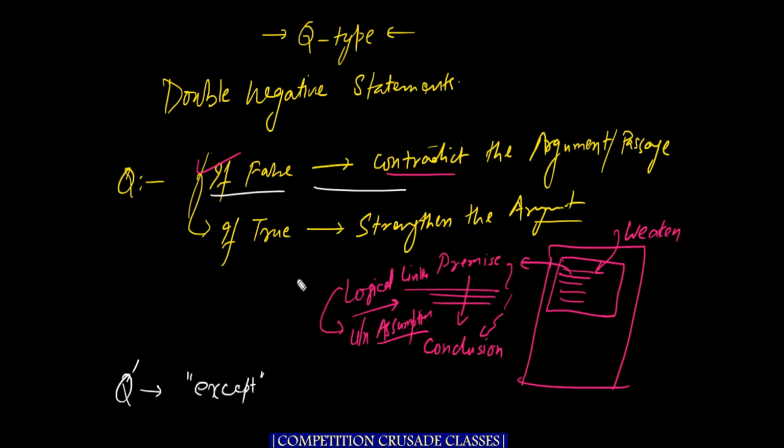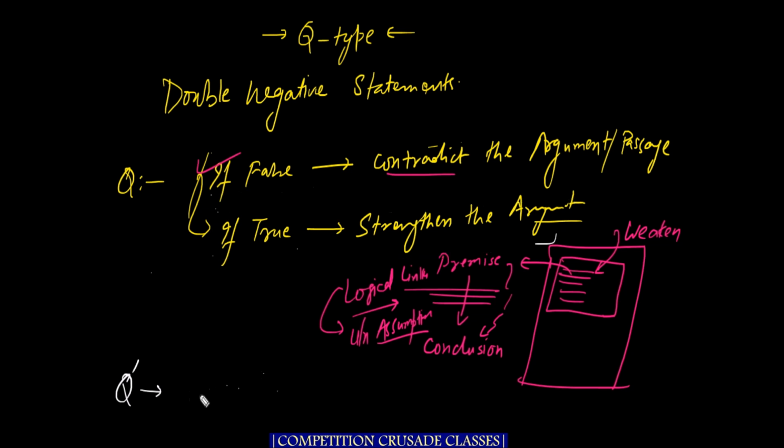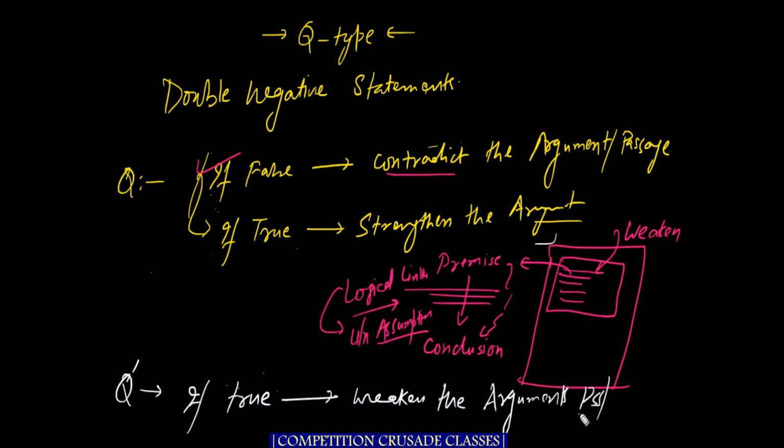Now understand that we're not looking at the statement that if true will strengthen the argument. We're looking at a statement that if true will weaken the argument presented in the passage.